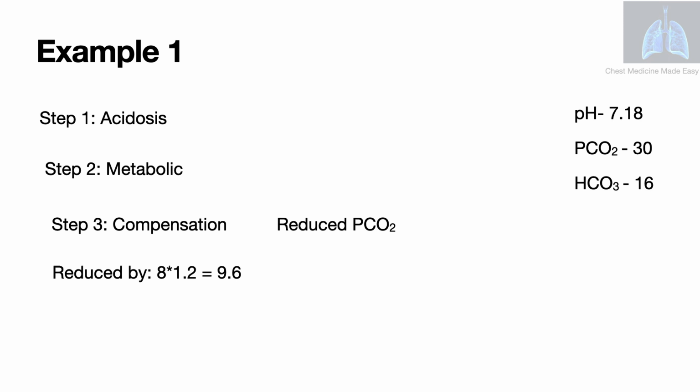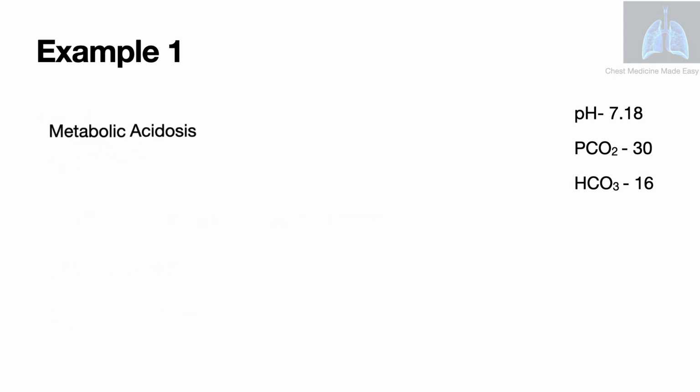So the expected PCO2 would be 30.4. Now the measured PCO2 here is 30, which is in the same ballpark as your 30.4. So here there is a metabolic acidosis with the expected compensation and no second abnormality.